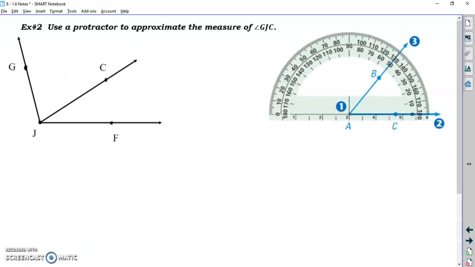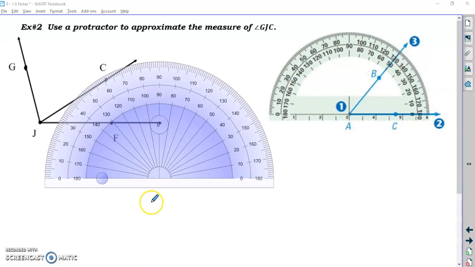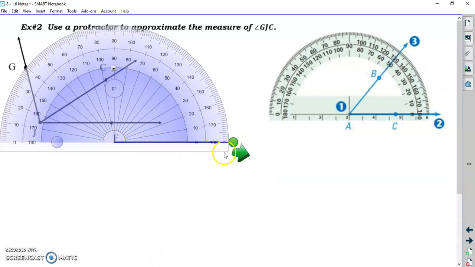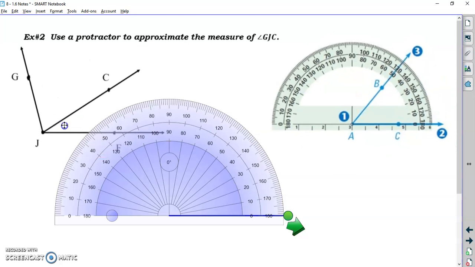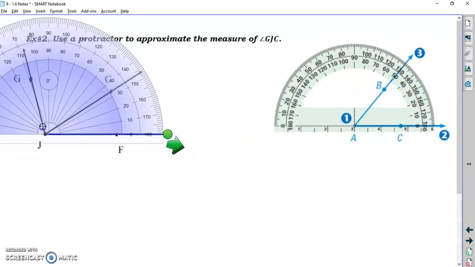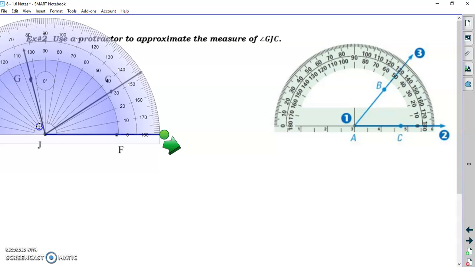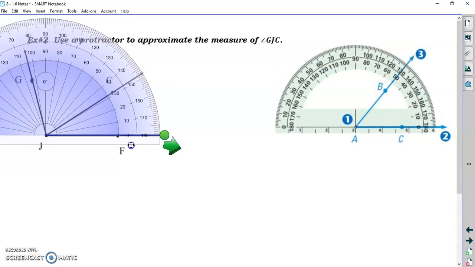Use a protractor to approximate the measure of angle GJC. So to use a protractor, usually there's a little circle on a protractor. We want to line that up with the vertex of the angle. And we want to measure GJC.